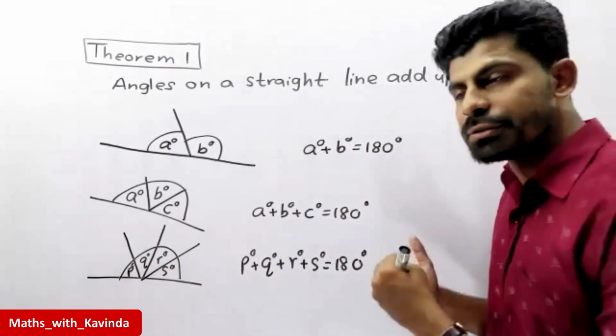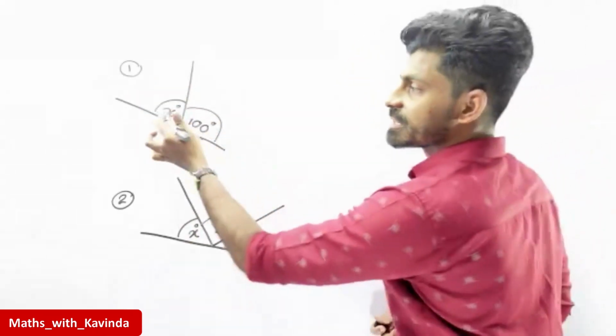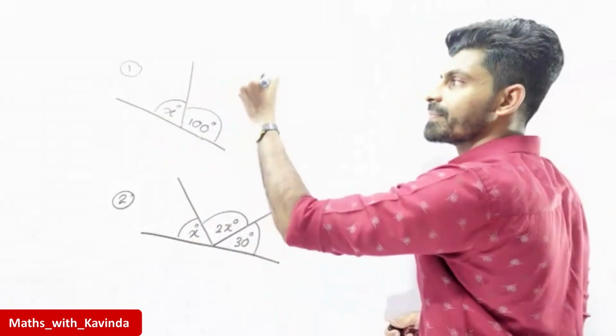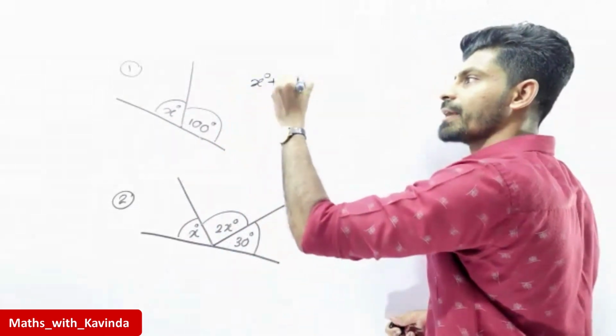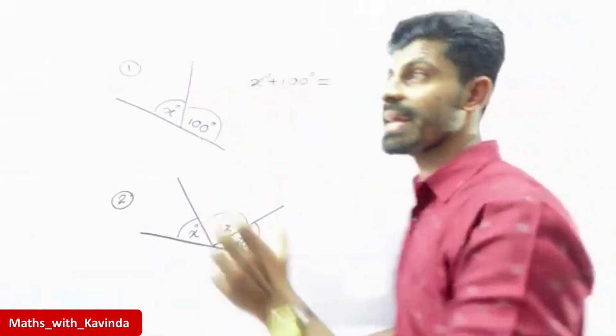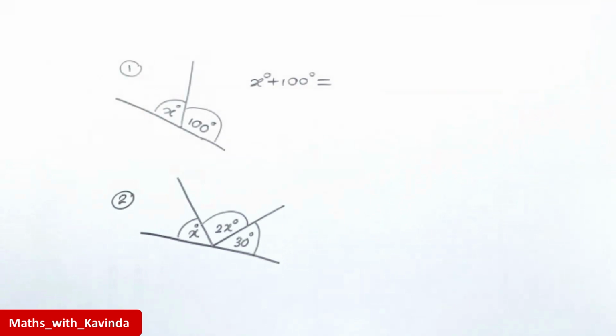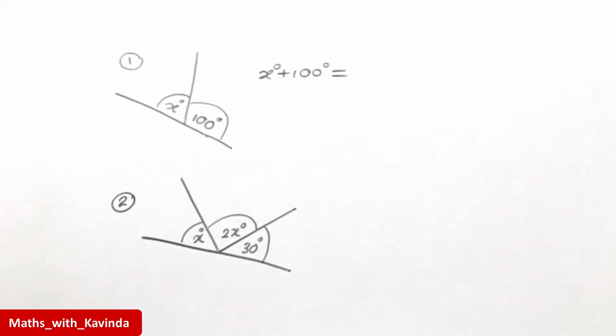Okay, let's try to do some questions. First question: x plus 100 equals how many degrees? 180 degrees.